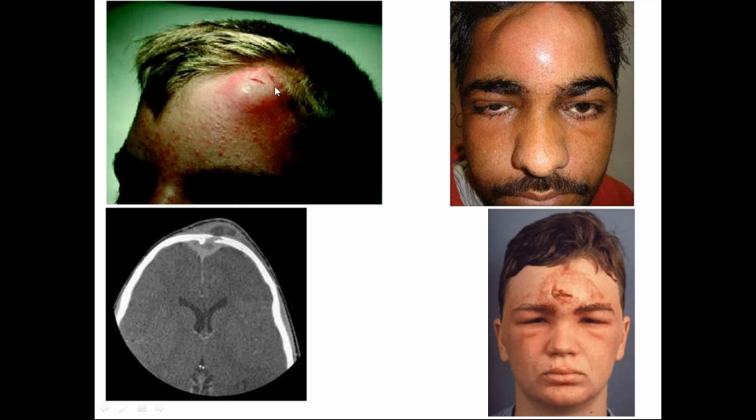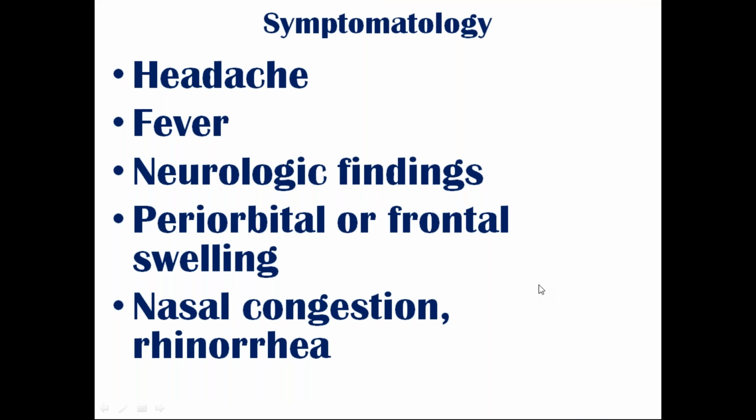It is a picture showing the Pott's Puffy tumor here because of the involvement of the anterior table of the frontal sinus. You can see in the picture here. Symptomatology: headache, fever, neurological sequelae, and also periorbital or frontal swelling, and nasal congestion and rhinorrhea.